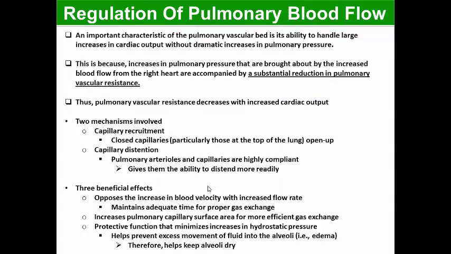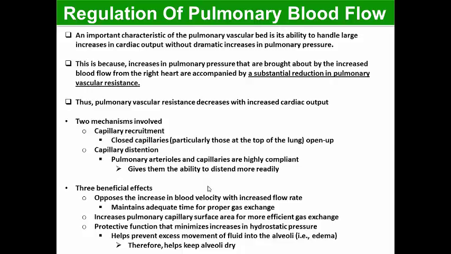Another very important characteristic of the pulmonary vascular bed is its ability to handle large increases in the cardiac output without a dramatic increase in the pressure. Why? This is because the expected increase in the pressure, which is brought about by increase in the blood flow, is accompanied by a reduction in the resistance.